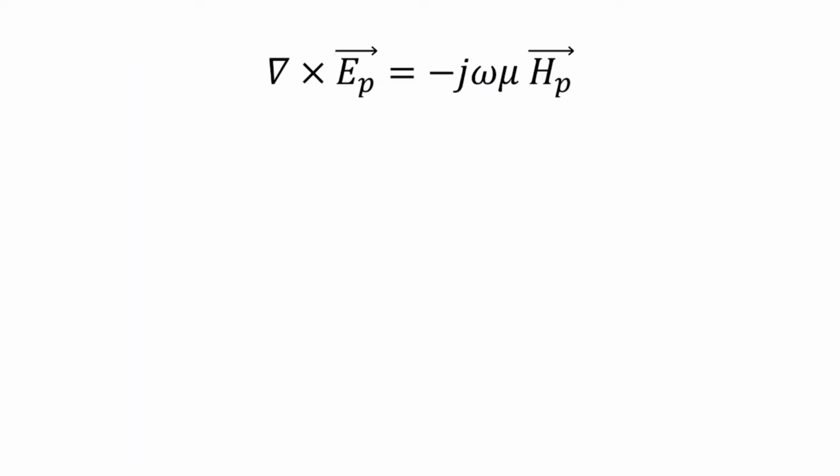I know that del cross Es bar is equal to minus j omega mu times Hs bar. This is the Maxwell's equation in its phasor form. So from this, I can always say that Hs bar is equal to minus del cross Es bar by j omega mu.